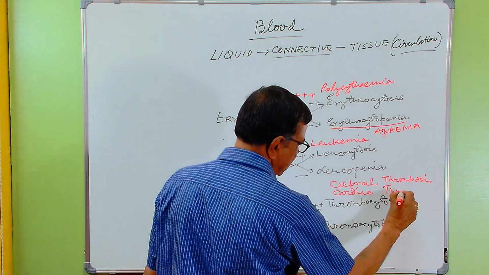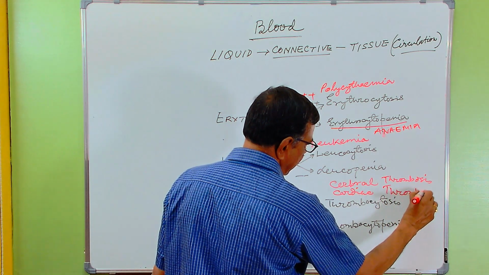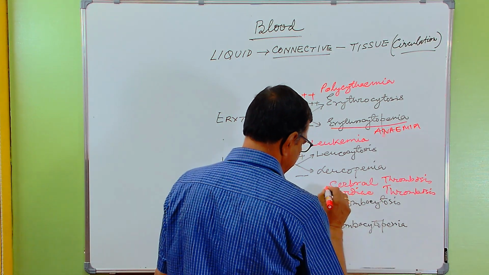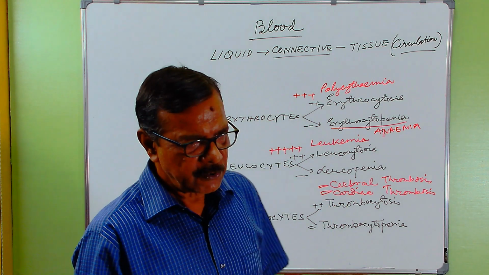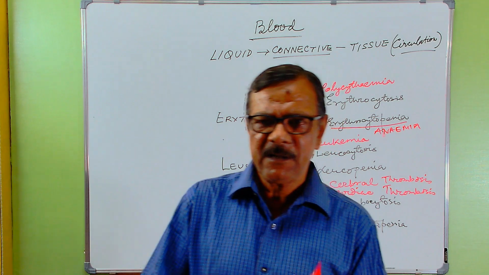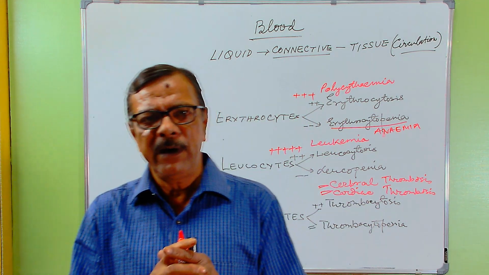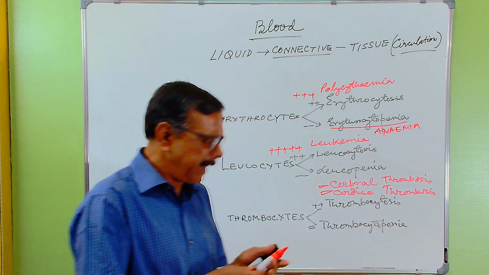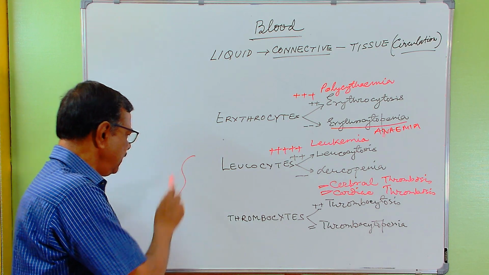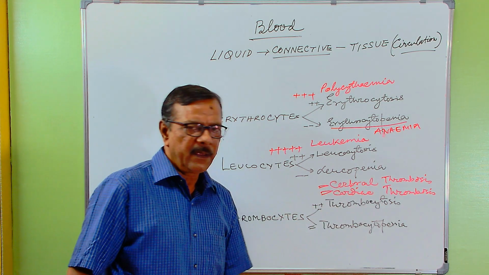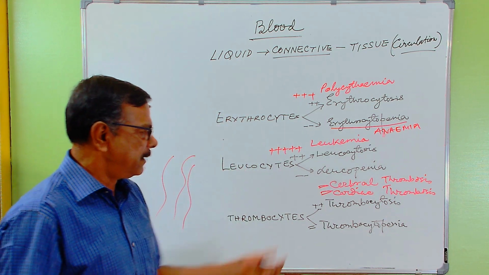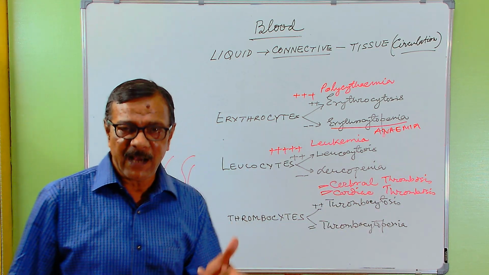Here the blood causes a thrombus, that is, it coagulates within the minute vessels of the cerebral region, that is the brain, or within the heart.